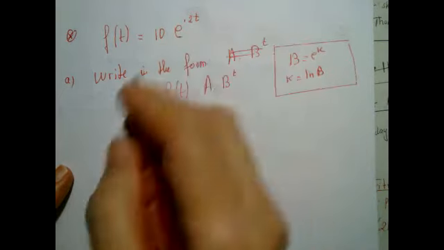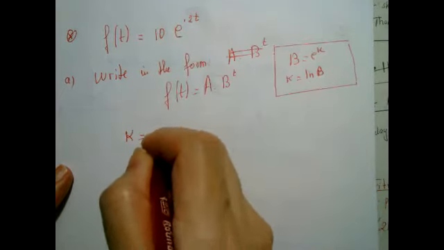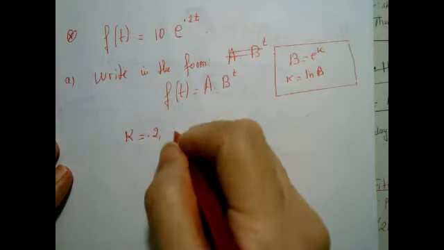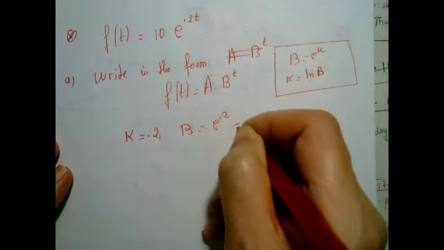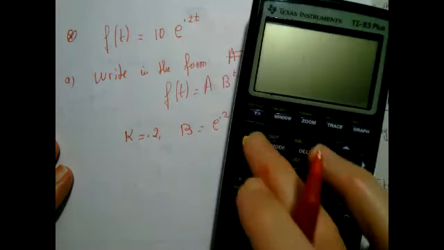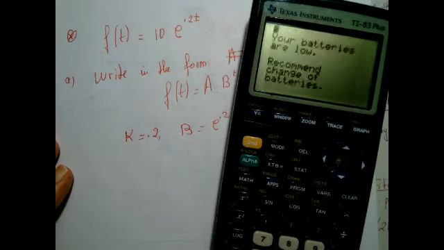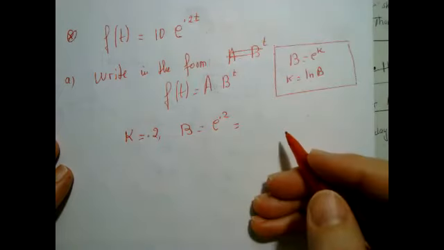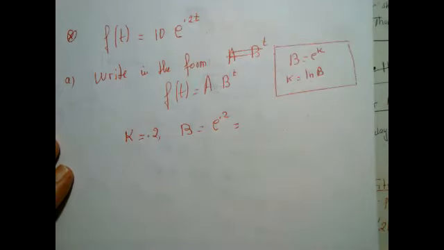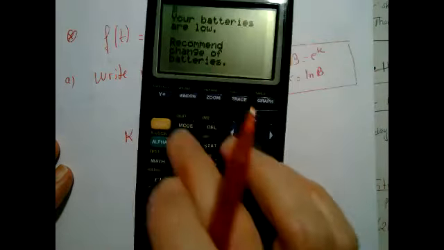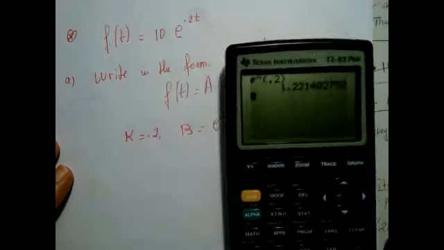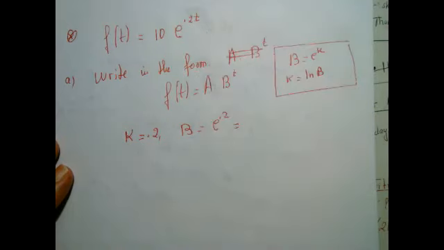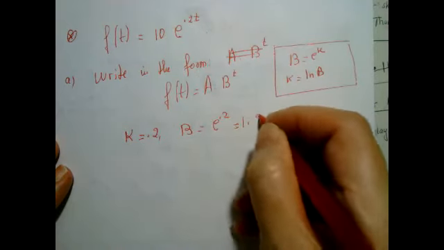Okay, so we have in the form. So here my K is 0.2. So my B is e to the 0.2. Let us see what that is. B is e to the power 0.2, which is 1.221.